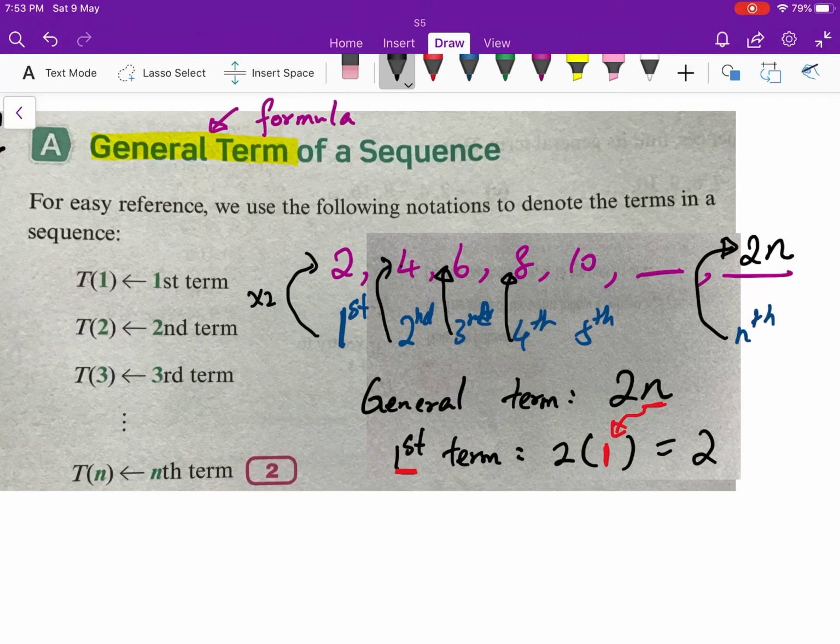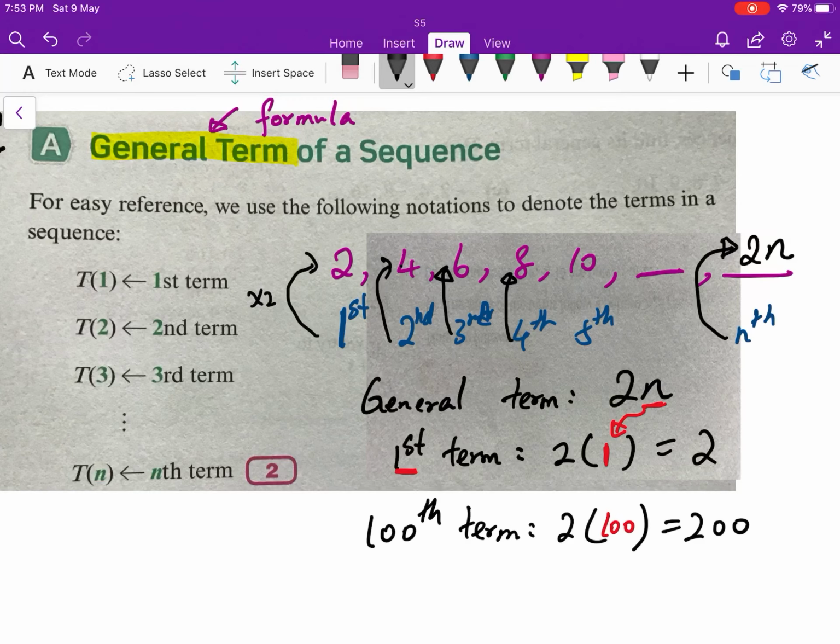And then if Miss Poon asks you, hey, help me to find the 100th one, it's easy. You put n as 100, then you will know that this is just 200. So this is the general term by logical thinking, by looking at the pattern of the sequence.